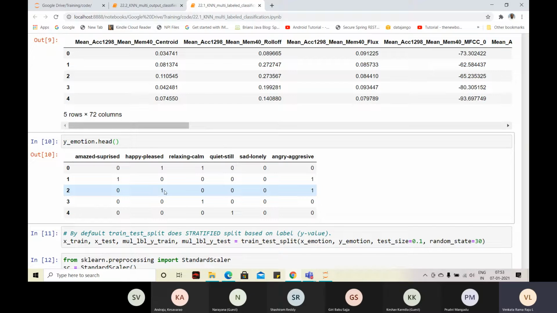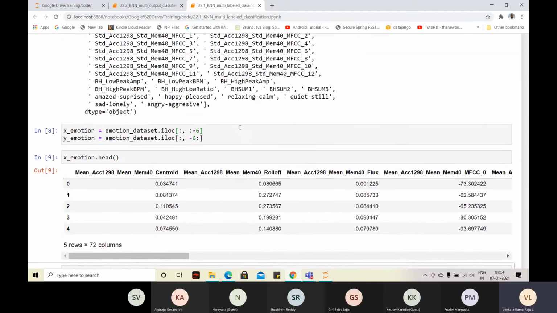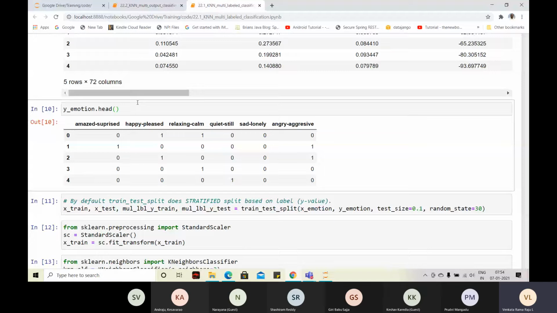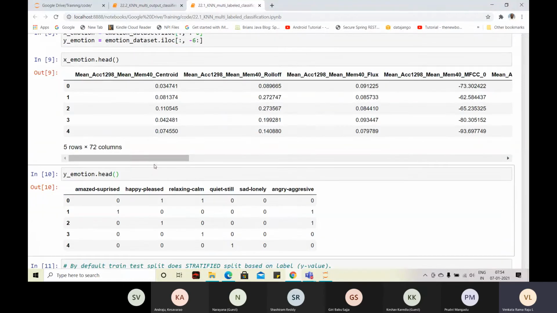Third is about happy, pleasant, and aggressive. Happy, pleasant, and aggressive may be a war, maybe winning a war or a game. So you got the data, and how the data is found. Any questions there?